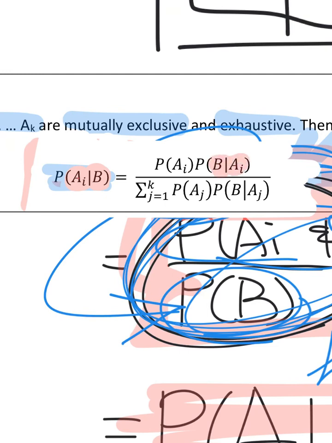There is B given A. From B given A, we got A given B. Switched. That is the reason why 300 years ago it was a big finding. We can switch the conditional probability from B given A to get A given B.